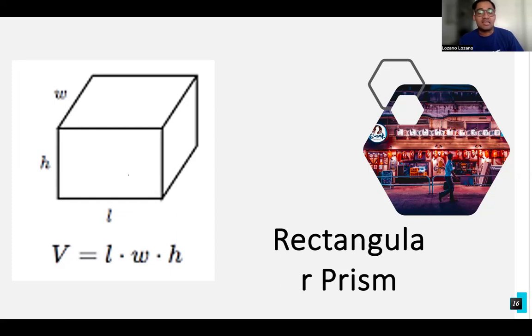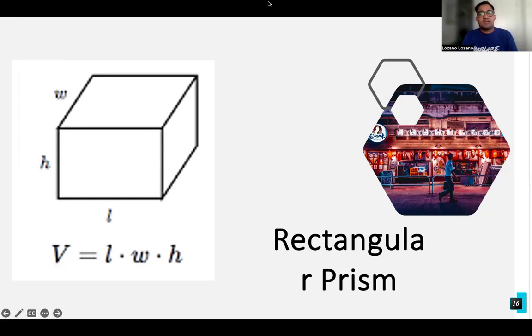L represents the length, W represents the width, and H represents the height. I-multiply lang yan tatlong yan para makuha natin yung volume ng rectangular prism.